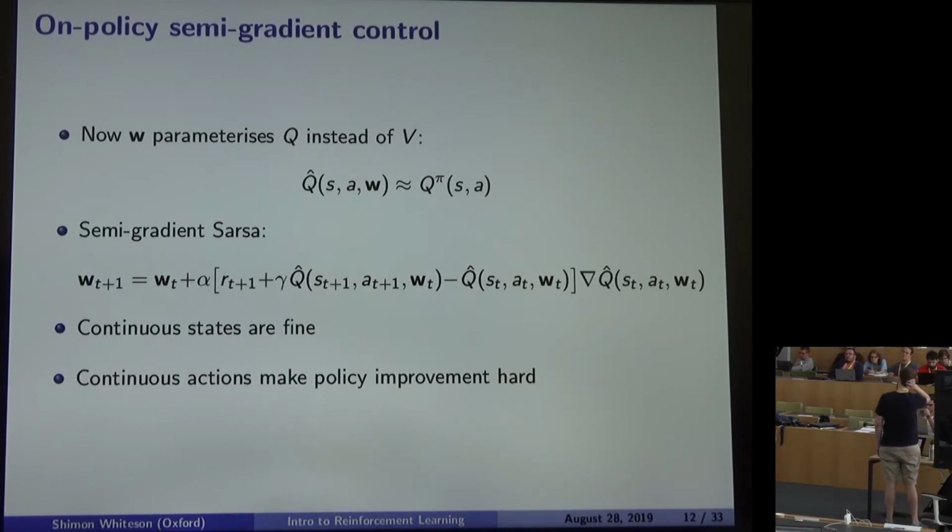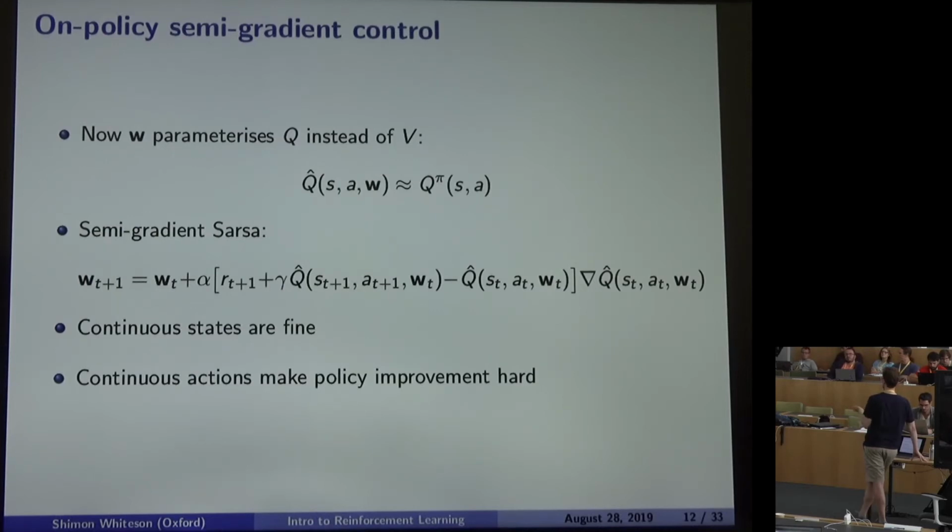Both the TD method and the Sarsa method are going to allow us to deal with continuous states, because we can generalize across states. So the fact that there's an uncountable number of states poses no particular difficulty. We still don't have a way to deal with continuous actions because although we could represent the value in a problem where the action space was continuous using this same kind of parametric model, what we don't know how to do is policy improvement or action selection.